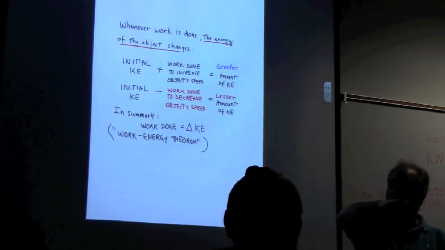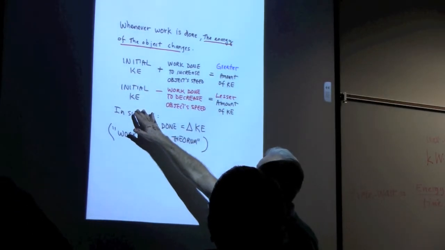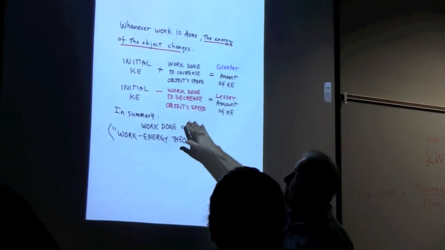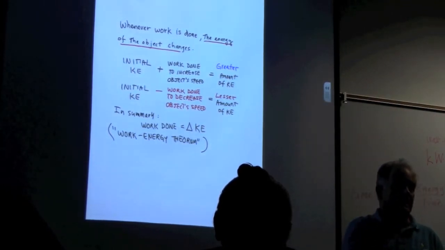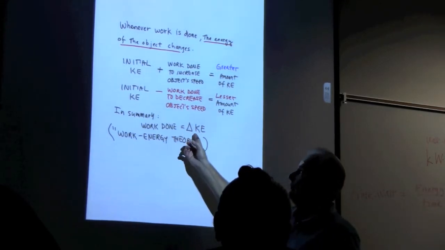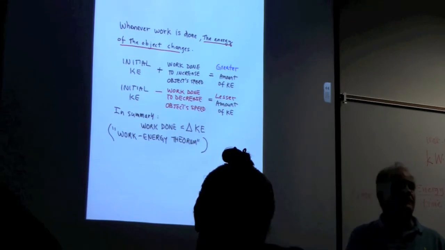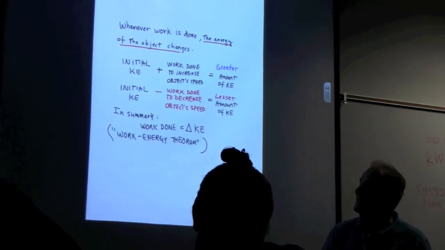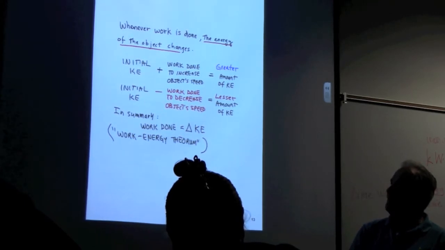Or if you step on the brake, you're going to have a certain amount of kinetic energy you're starting with, but then you're going to decrease the object's speed, so you're going to lessen the amount of kinetic energy. So this is why they say in summary, the work done equals the change, this triangle means change in, or difference between, change in kinetic energy. It's called the work energy theorem, is what they call it.